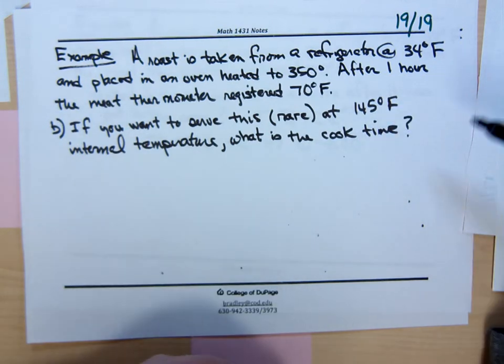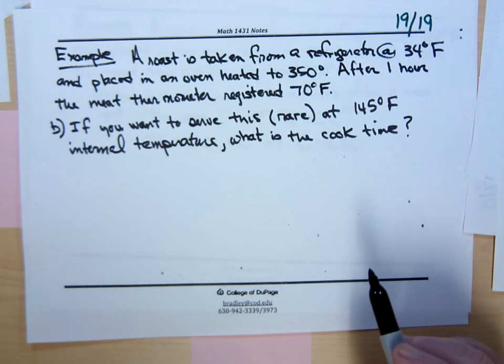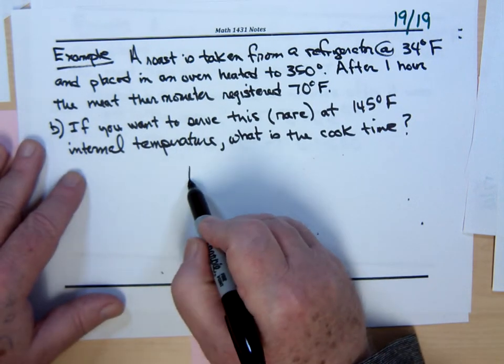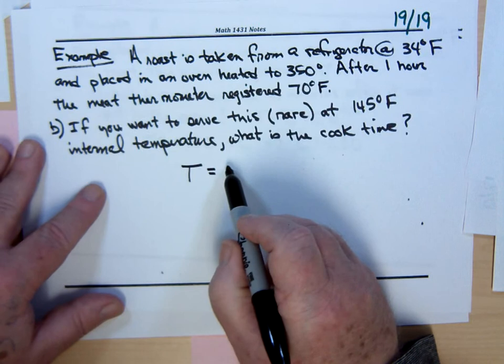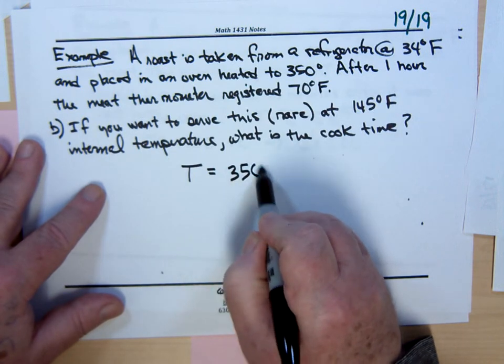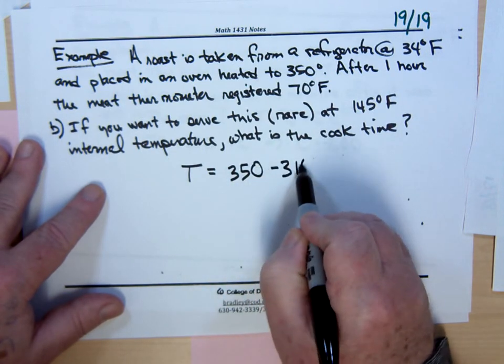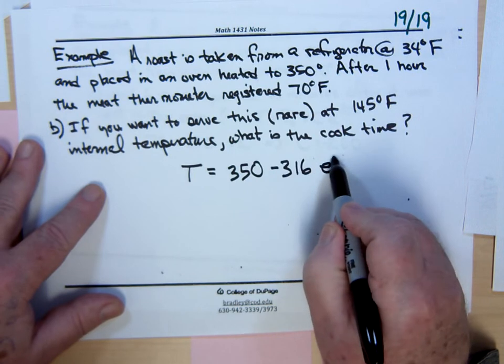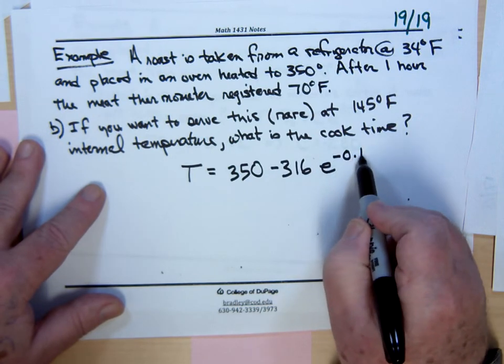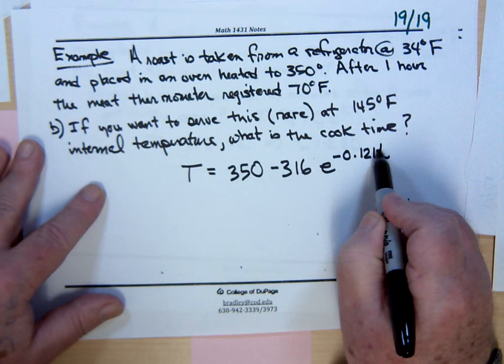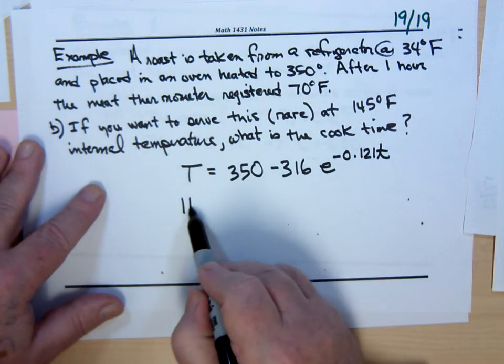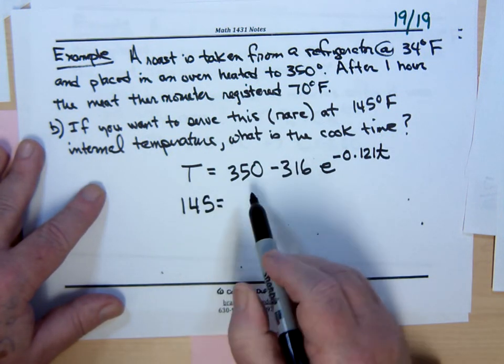Well, we know the equation was this. T is equal to 350 minus 316, and this is e to the minus 0.121 T, and we want this final temperature to be 145, so this is what we're going to solve.